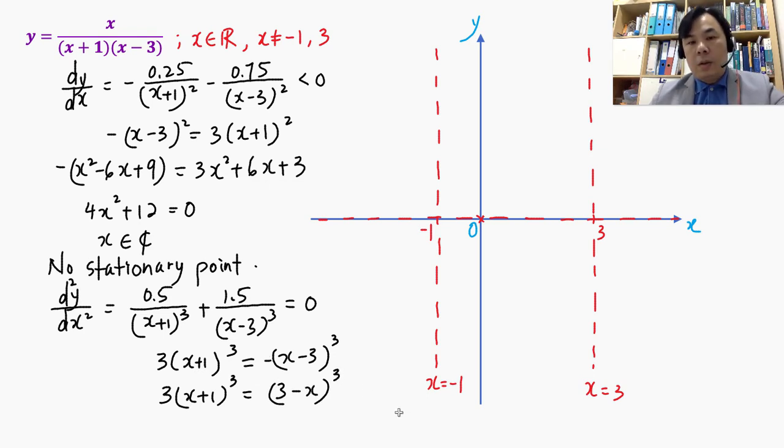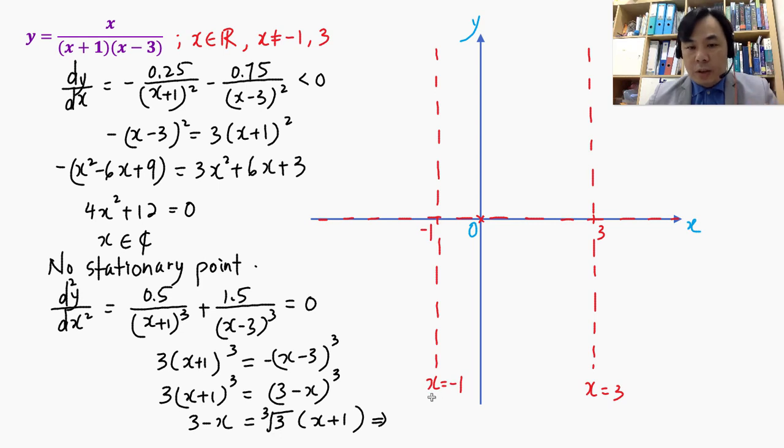All right. So this is how it looks like. And then from here itself, we can write down cube root 3, cube root 3, and then x plus 1 here.